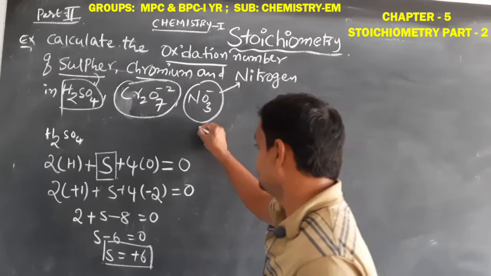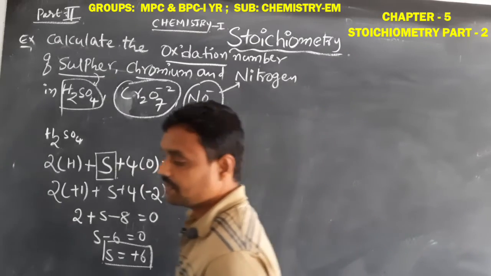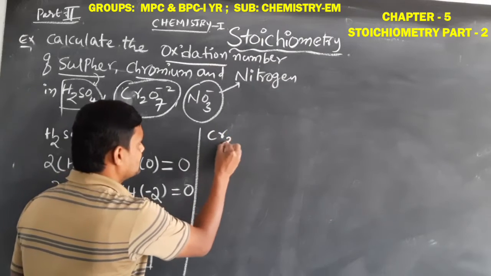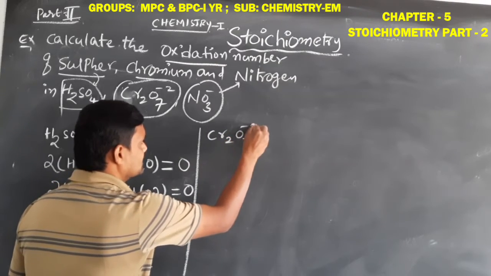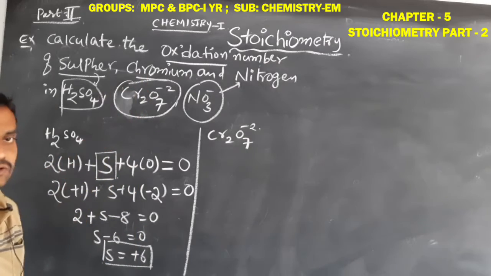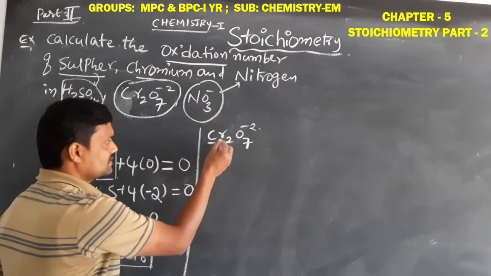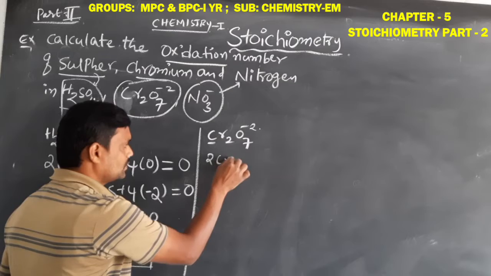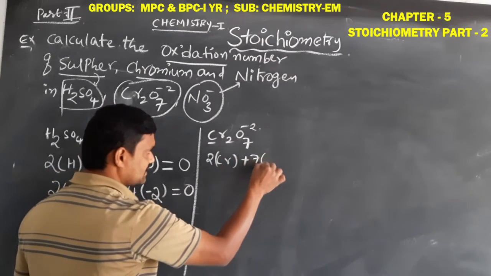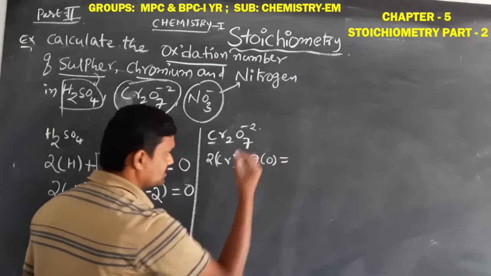Similarly, let us find another example, Cr2O7 minus 2. For the Cr2O7 minus 2 ion, the process is the same. Here we find the chromium. How many chromiums? 2 chromium atoms, plus 7 oxygen atoms, equals the charge.